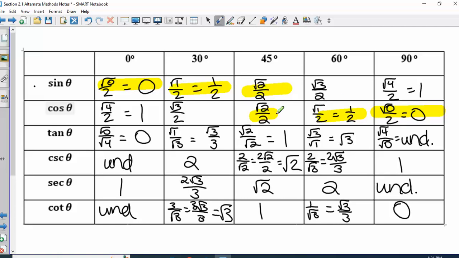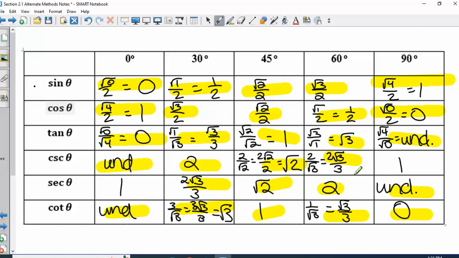Sine of 45, cosine of 45. Sine of 60, cosine of 30. Sine of 90, cosine of 0. So the cofunctions will have all the same values, just reversed. So tangent and cotangent, 0 and 90, just the same values, but reversed. And secant and cosecant.